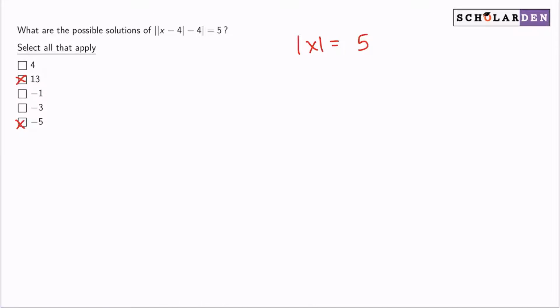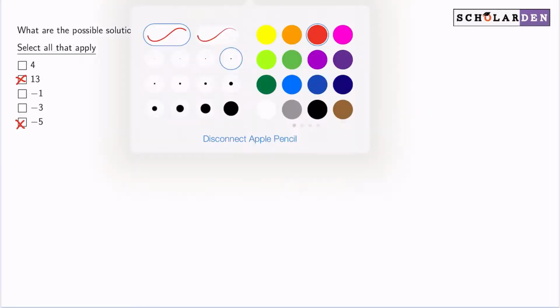So essentially, what we can insert in for x can be 5 or negative 5, because when we apply the absolute value function, it'll turn out positive regardless. So you can split this equation up into two equations. You can definitely do that, and I'm going to do that right now.